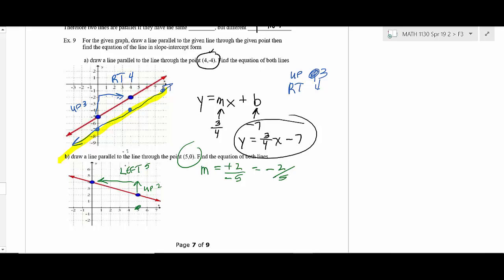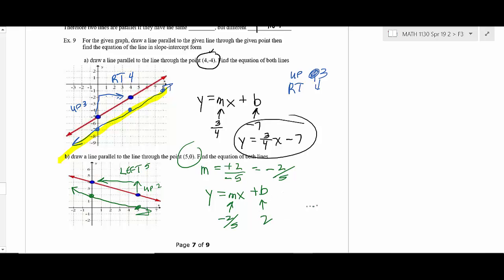Okay, so what I would do here is just kind of go up 2 to the right 5. I would end up, it looks like I have a y-intercept of 2. So on the problem, if I have y equals mx plus b, my slope is negative 2/5. My y-intercept's 2.